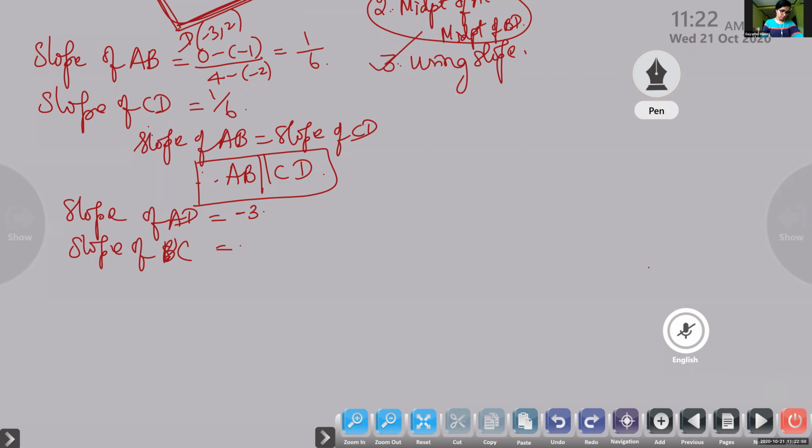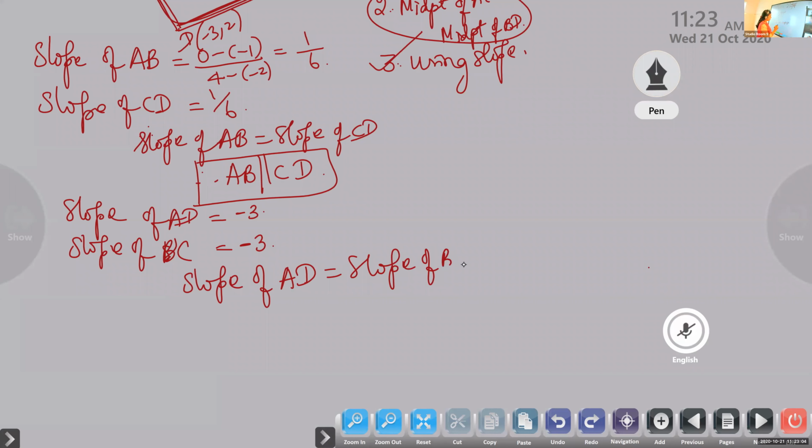It is -3. So, whether the slopes are equal here, Emmanuel? Yes, ma'am. Slope of AD is equal to slope of BC. Therefore, we will get AD is parallel to BC.